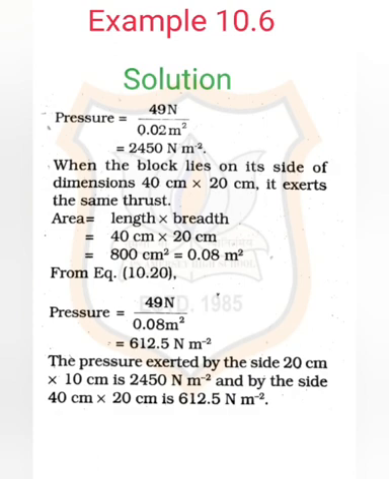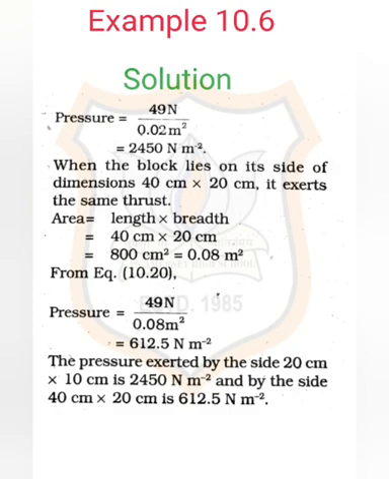Again for the second case, when the block lies on its side of dimensions 40 cm cross 20 cm, it exerts the same thrust. Now for the second case, area is length into breadth, that is 40 cm cross 20 cm, that is 800 cm square.